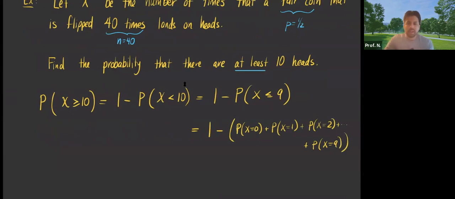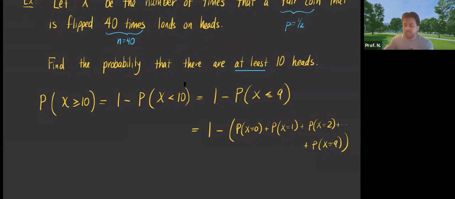It becomes computationally annoying, for lack of a better word, right? We're going to have to compute the probability for each instance, add those up, subtract it from 1. And this is if n is 40. What if n was 100? These things start to become problematic in terms of computing. It's really just an annoying part of it, because finding the probabilities is straightforward. It's just that you have to do it many more times than you probably would like.